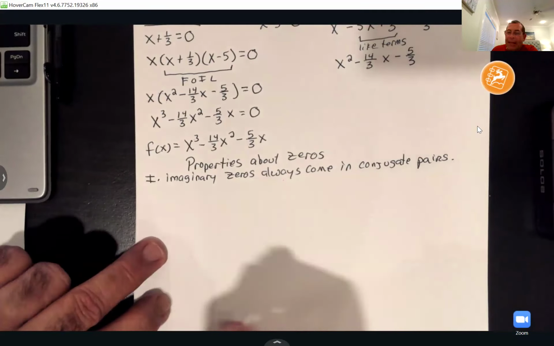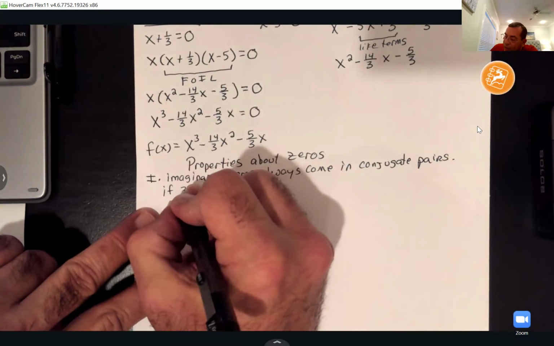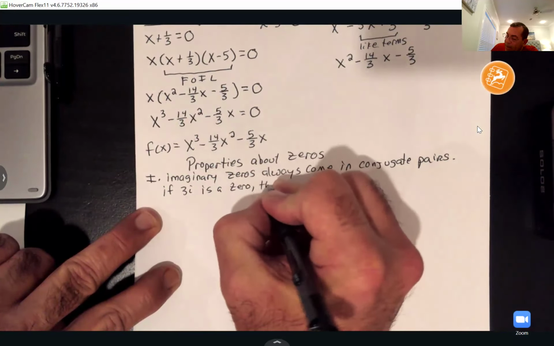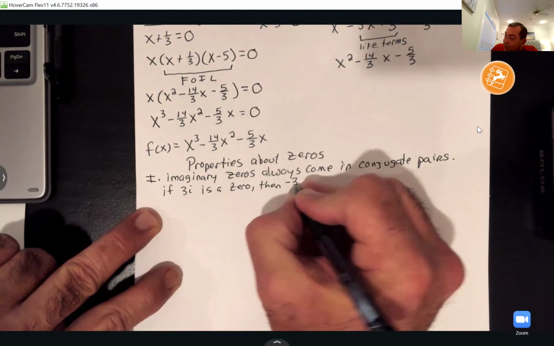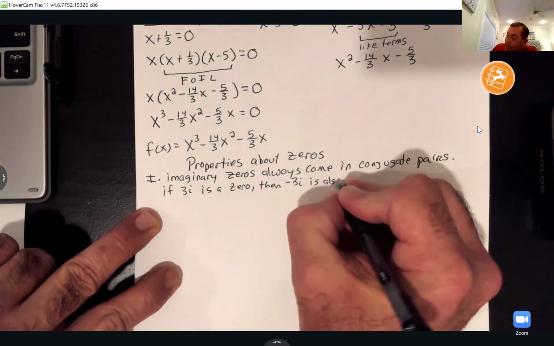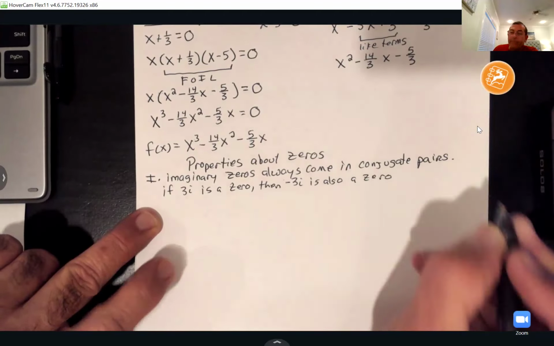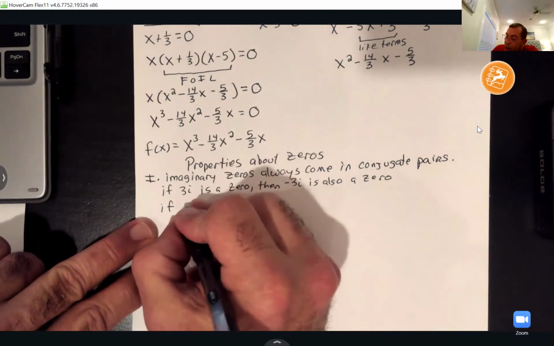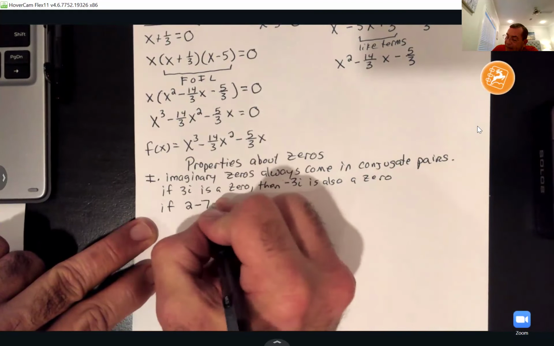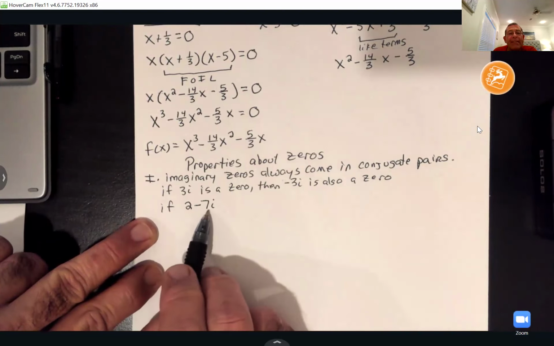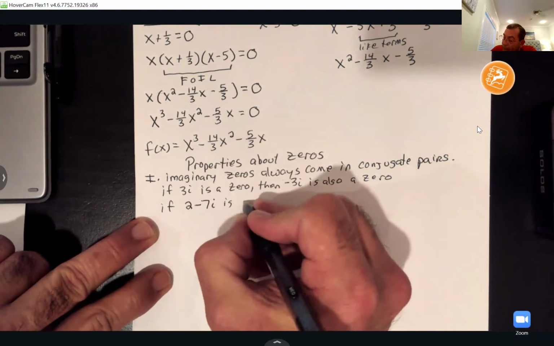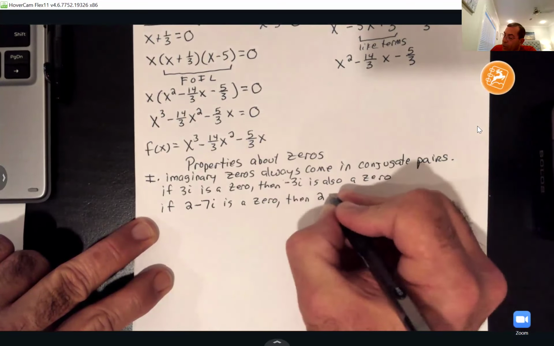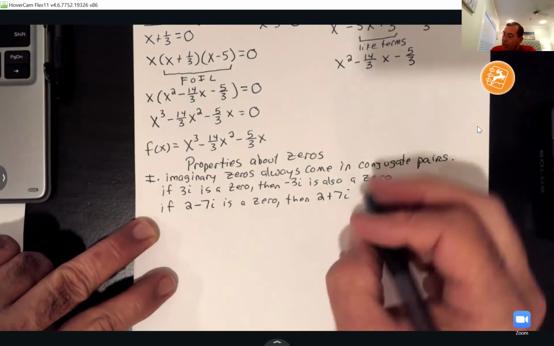So what do I mean by that? That means if 3i is a zero, then negative 3i is also a zero. It also means if something like 2 minus 7i is a zero, then 2 plus 7i is also a zero.